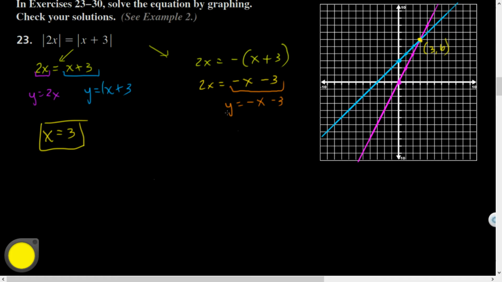And let's graph this orange line and see what happens there. So the y-intercept is at negative 3, and a slope of negative 1, down 1 over 1, down 1 over 1, down 1 over 1. So let's plot this. What I'm looking for is the intersection that this orange line will have with the purple line. The purple line was the one that was common with both of them.